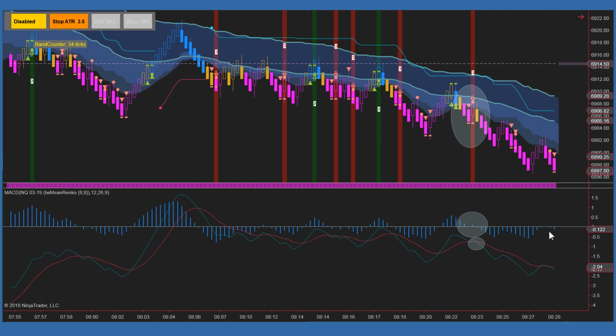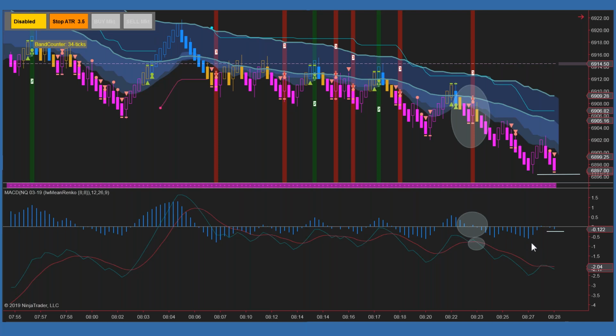Now, this is important. You just don't want to buy or sell because the MACD goes a bar or two in your favor. You do want to see a signal. You do want to see prices exceeding this MACD point, similar to what I was just showing you.